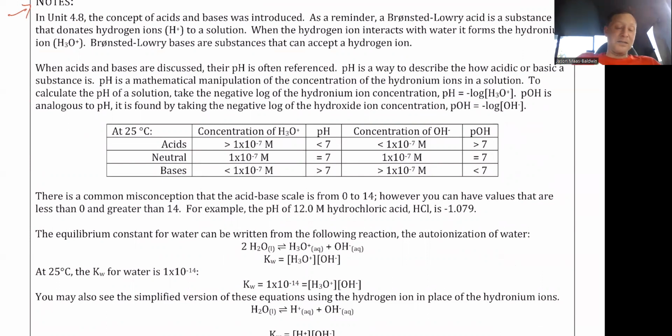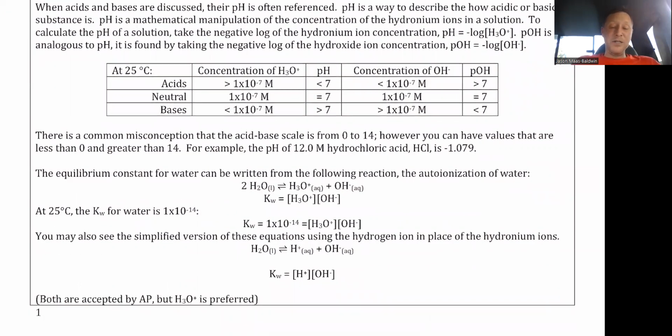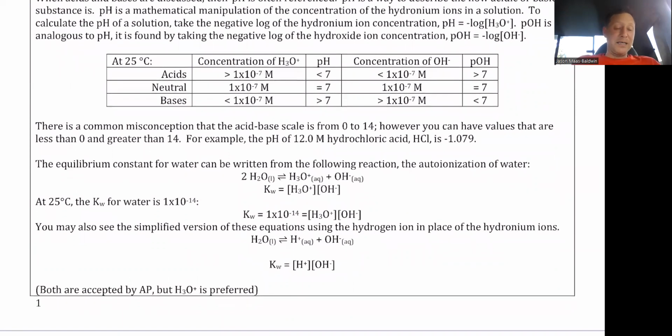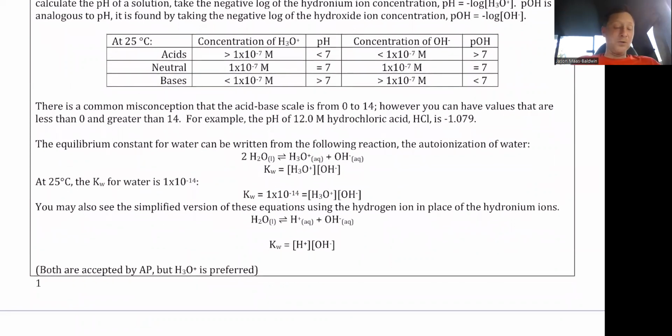So when acids and bases are discussed, their pH is often referenced. It's a way to describe how acidic or basic a substance is, right? And pH is just the mathematical concentration of the hydrogen ions or the hydronium ions in solution. And so when we say the pH of pure water is 7, that's at 25 degrees.